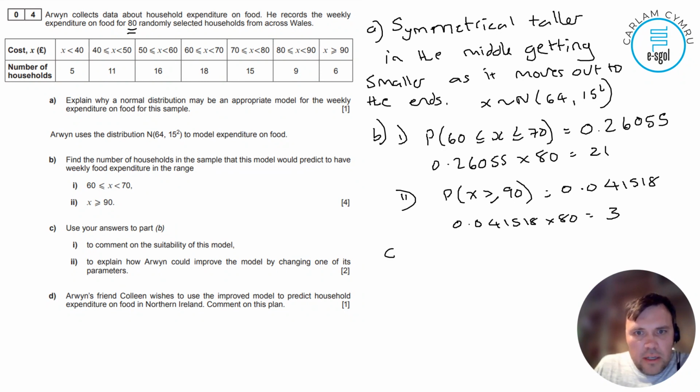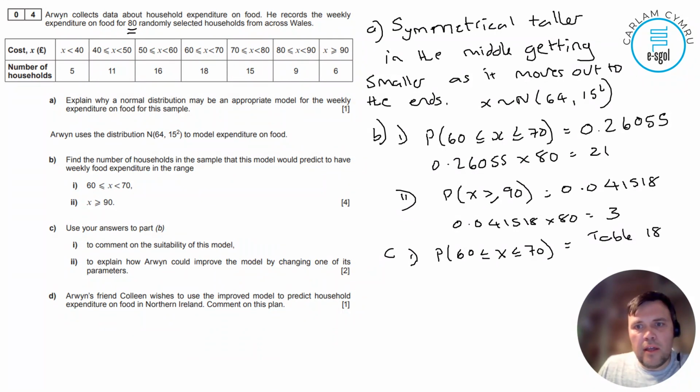Now C, part 1. Use your answers to part B to comment on the suitability of this model. Well, let's compare the model. For P(60 < X < 70), in the table we have 18, in calculation we have 21, and then for P(X greater than or equal to 90), in the table it is equal to 6, and in calculation it is equal to 3.